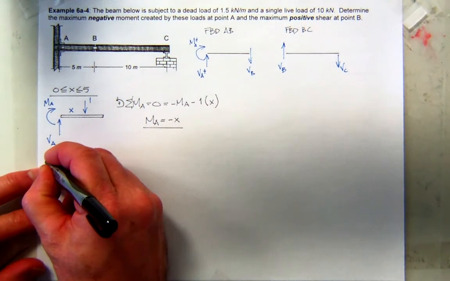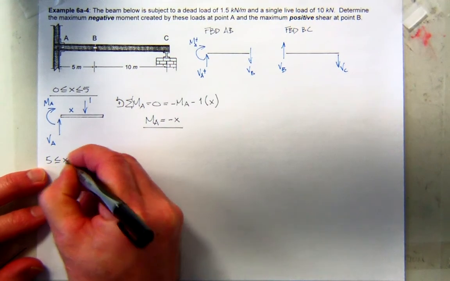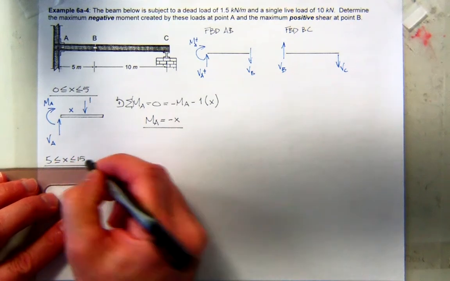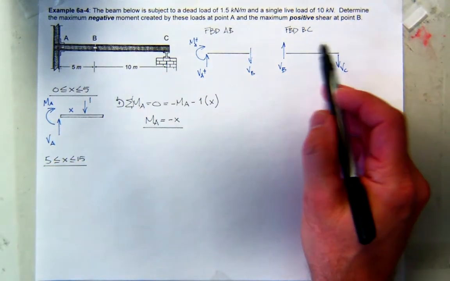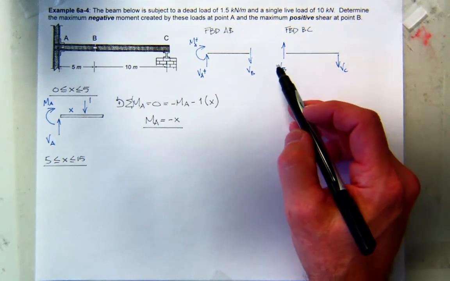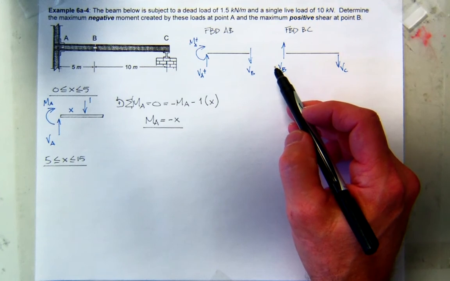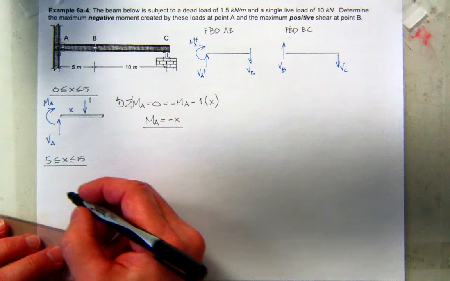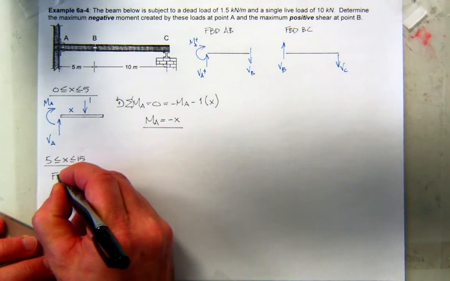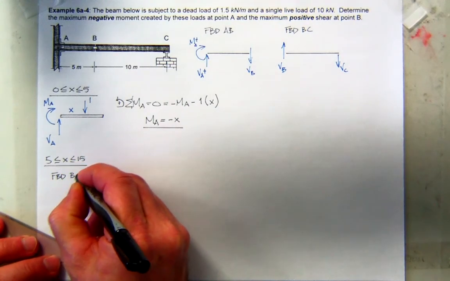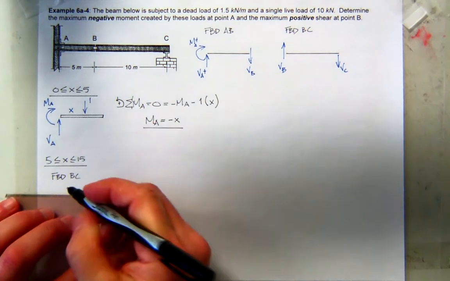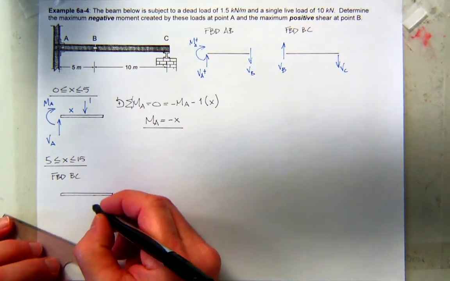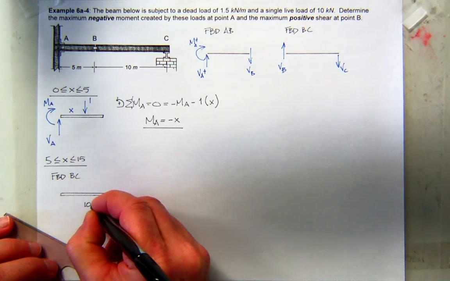Now what about the situation from 5 to 15? Well, now my unit load is over here somewhere. So that means my shear at B will not be 0. So I've got to find the shear at B first. So in that case, I'm going to start with my free body diagram at BC. And it will look like this. It's 10 meters.